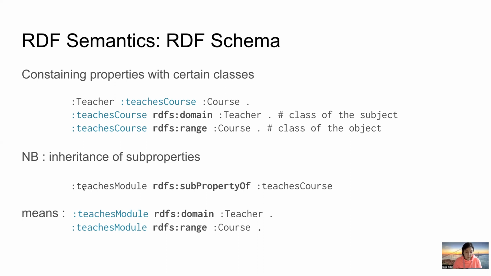This means that if you say teaches module is a sub-property of teaches course, you can also infer that teaches module can only appear with a subject of type teacher and an object of type course. So sub-properties inherit from the property that they are a sub-property of.